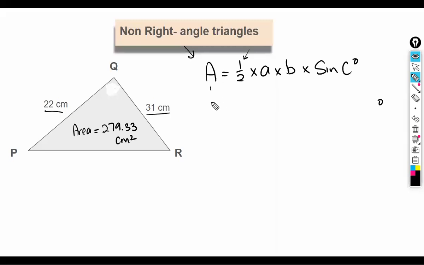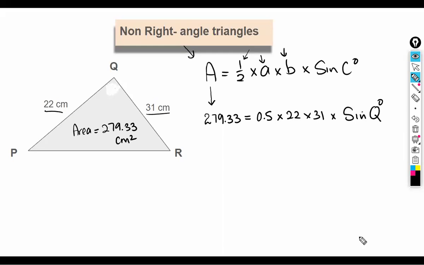So check it out. The person comes to class because he wants to win those tickets. He says, all right, they give me the area, so I'm going to replace area with 279.33. The formula is a half, I don't like fractions, so I'm going to put 0.5. I have the length of two sides because I'm trying to find the angle in between those two sides. So it's 22 by 31 multiplied by sine, and the angle we're trying to find is Q. Just officially, instead of calling it C, I'm going to call it Q. Everyone take down that up to there.